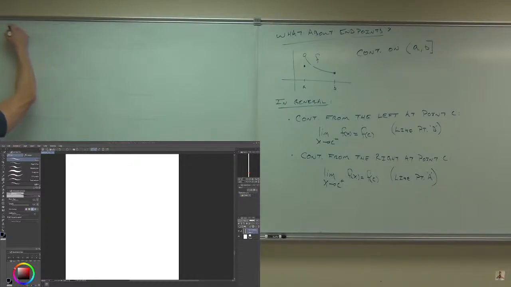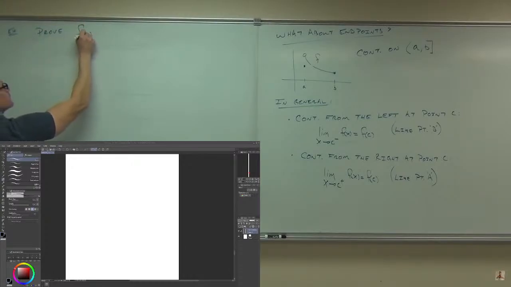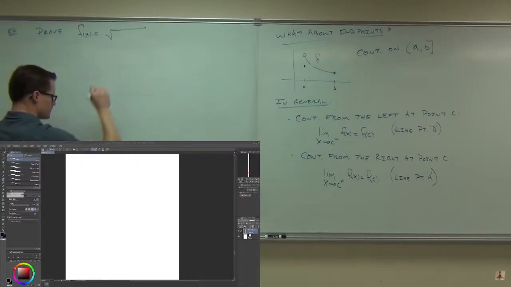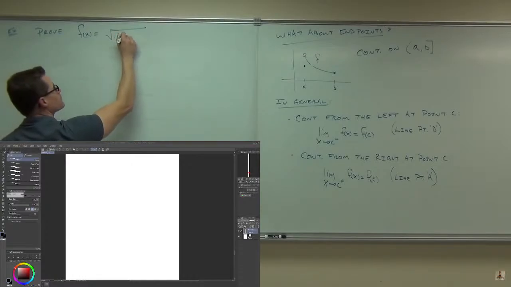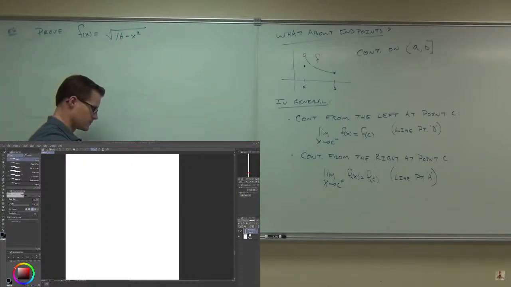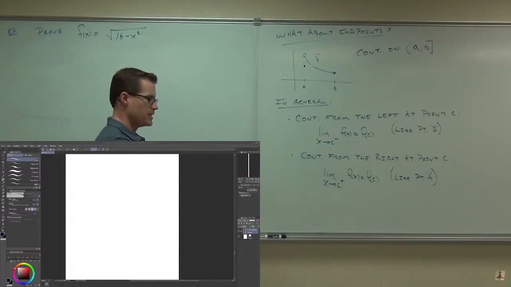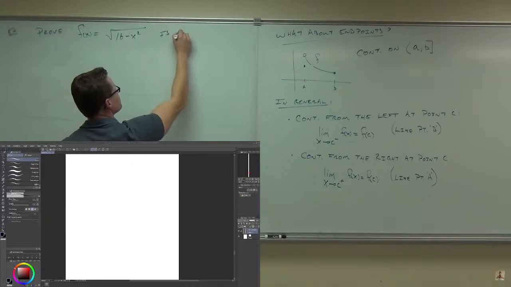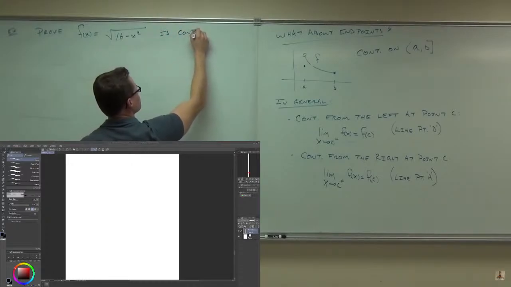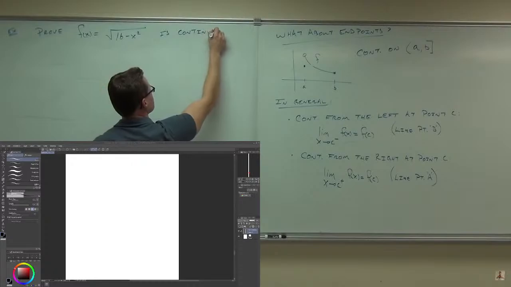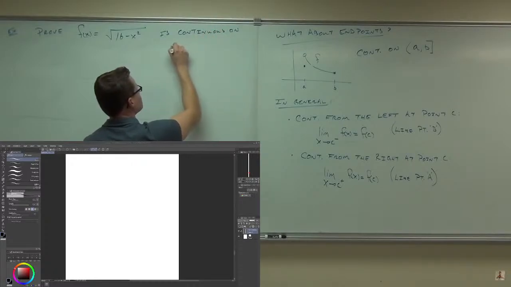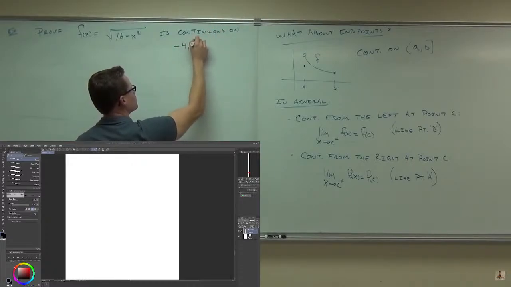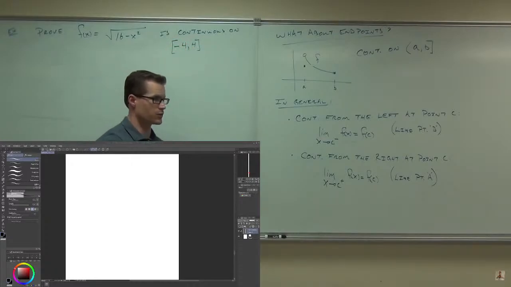So I want to prove that this function is continuous on -4 to 4, inclusive, closed interval.